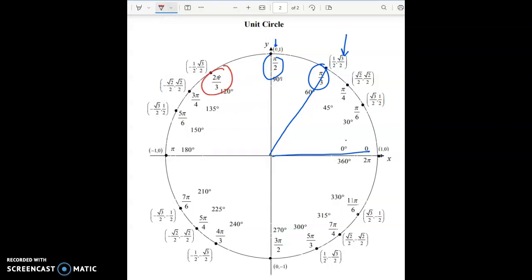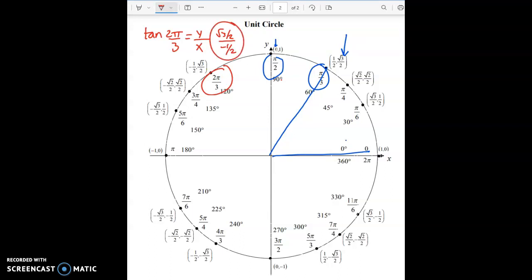And notice all the degree measures are on here too, so you can use this unit circle for that also. And so the tangent of 2 pi over 3 is equal to the y over x ratio. So the square root of 3 over 2 is my y, and negative 1/2 is my x. So I'll calculate this ratio.